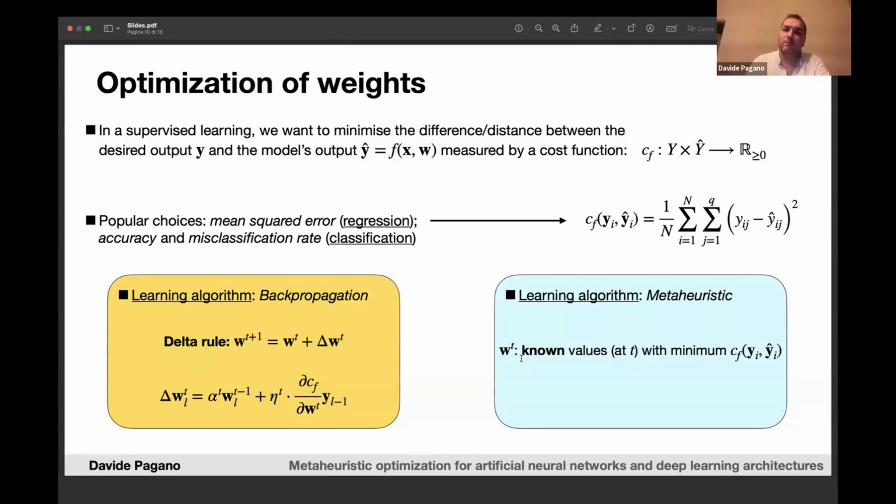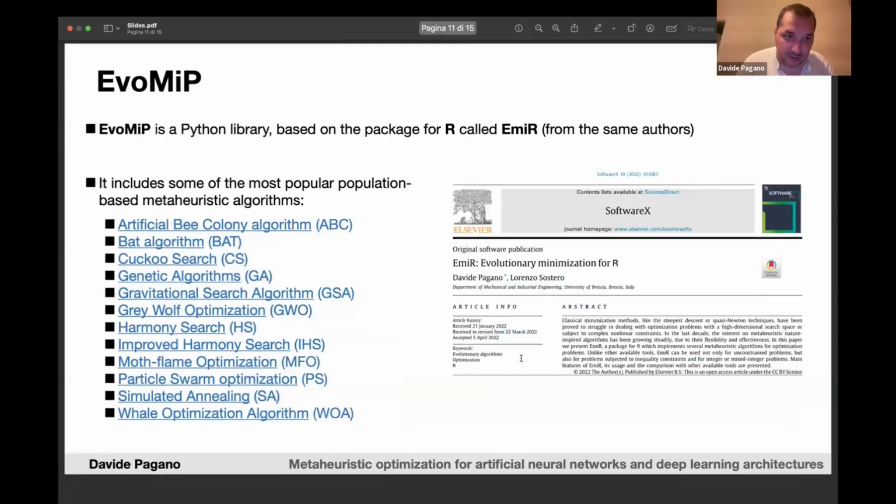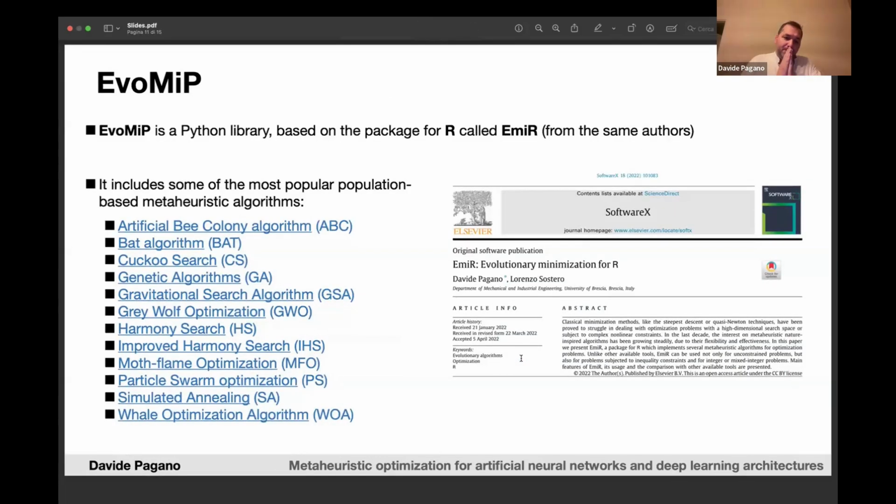But before talking in practice about metaheuristic optimization, I want to present you a new library for Python that we developed. This package is called EvoMIP, and it is a library for metaheuristic optimization based on a library that we wrote a couple of years ago for R, which is called Emire. It's quite popular there.